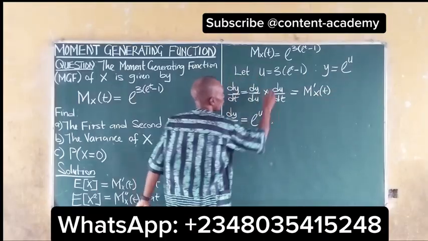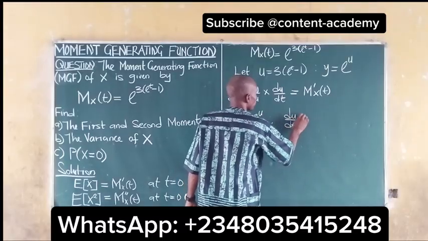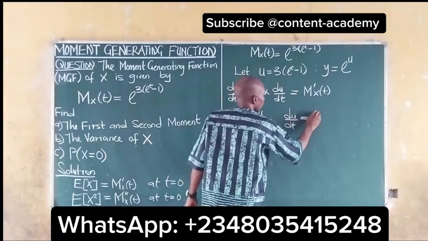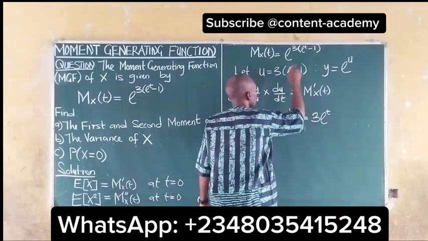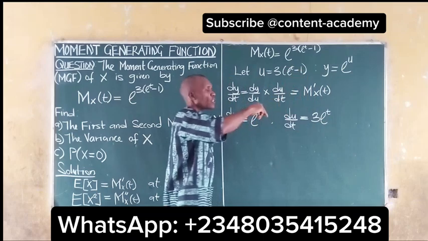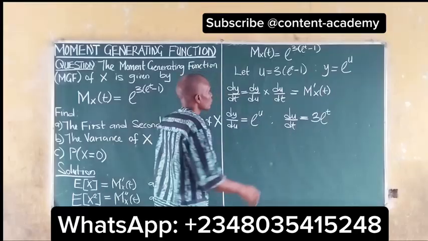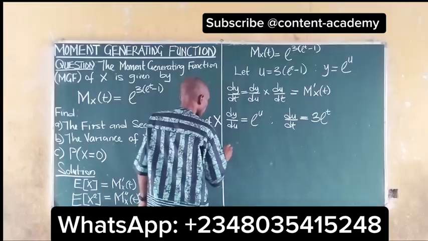Now, du/dt, differentiating with respect to t, you get 3e^t. Of course, 3 multiplied by negative 1: if you differentiate negative 3, you get 0. So we have this.